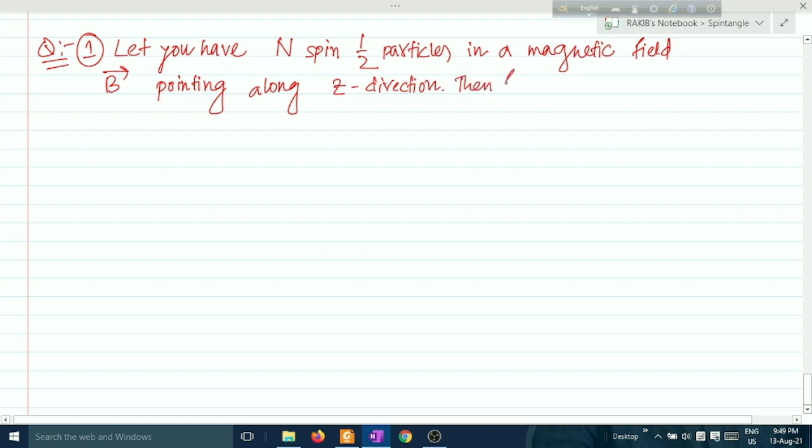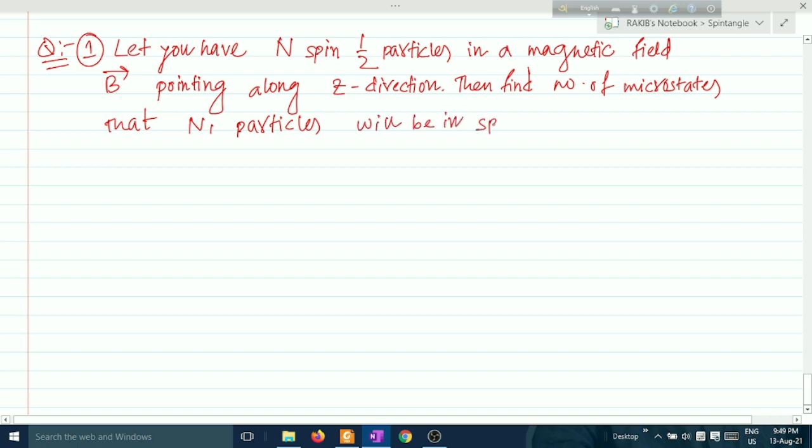Then find the number of microstates that N1 particles will be in spin up state. Okay, this is the standard question.